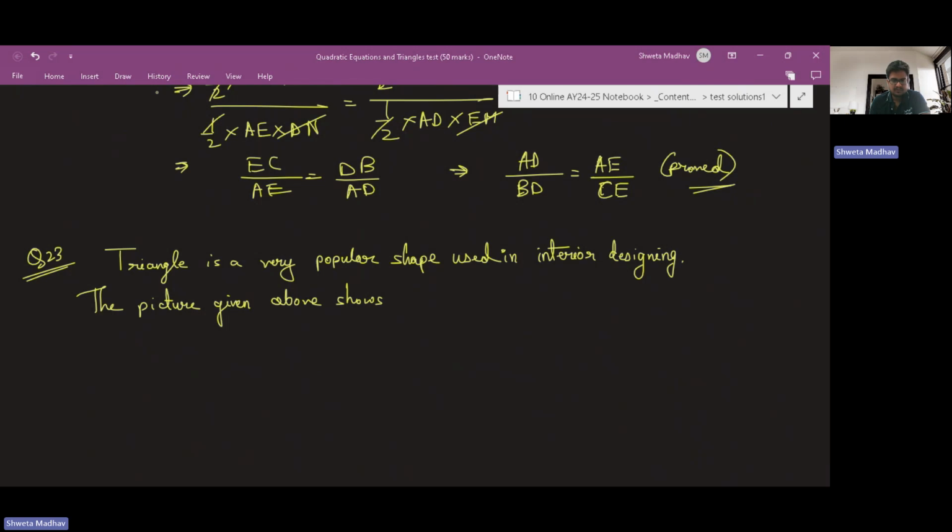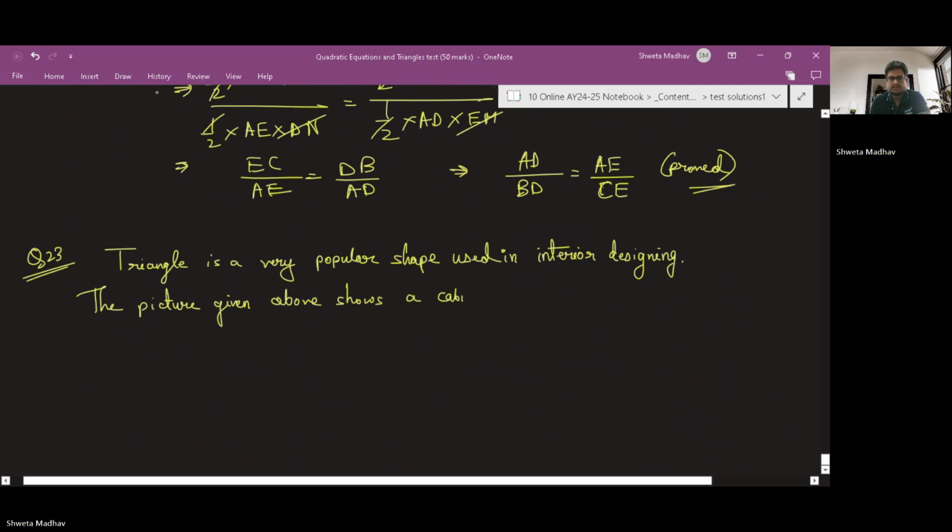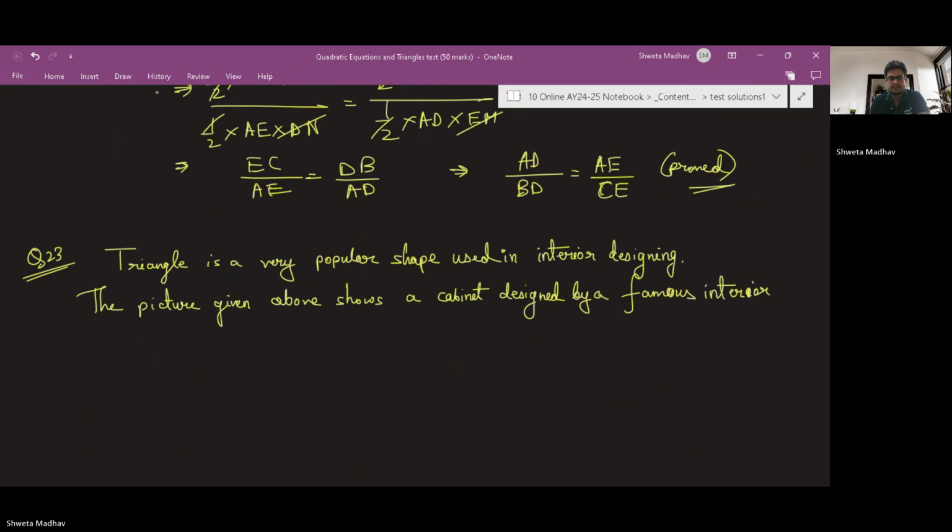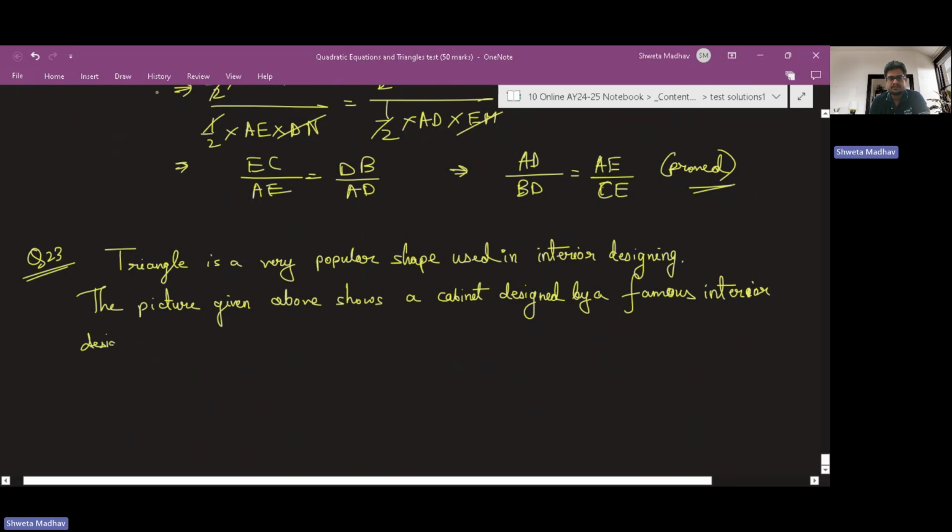The picture given above shows a cabinet designed by a famous interior designer.